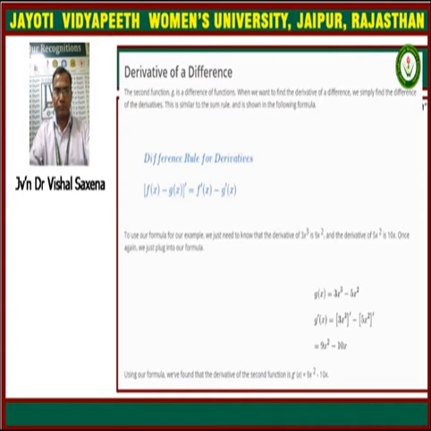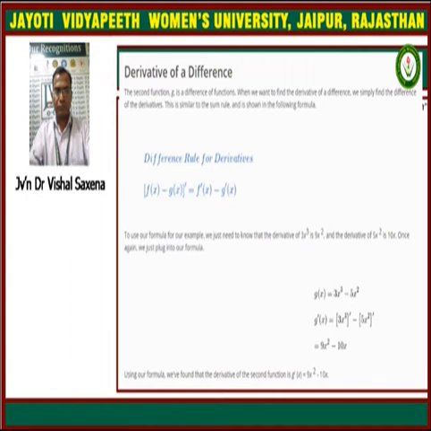Now derivative of difference: exactly similarly we can apply the concept of the derivative of difference, and it is written here (f(x) - g(x))' will be equal to f'(x) - g'(x). Suppose we have an example, a function 3x^3 - 5x^2, and we have to find its derivative.